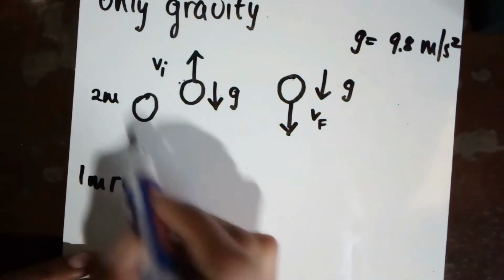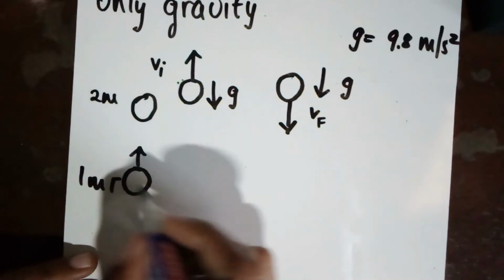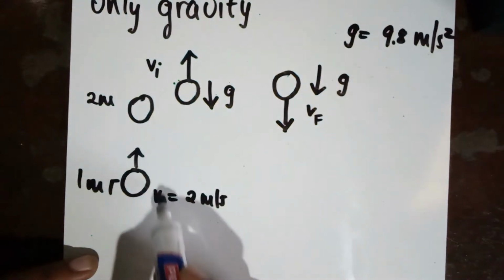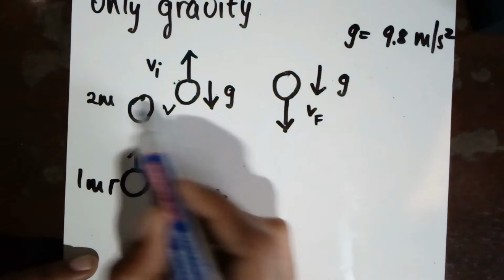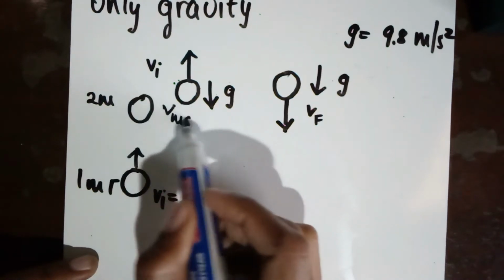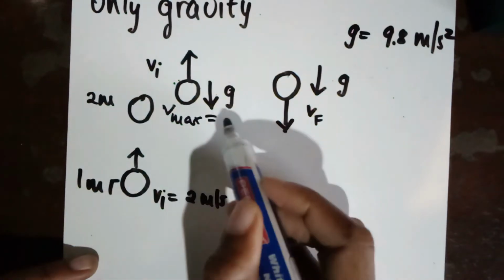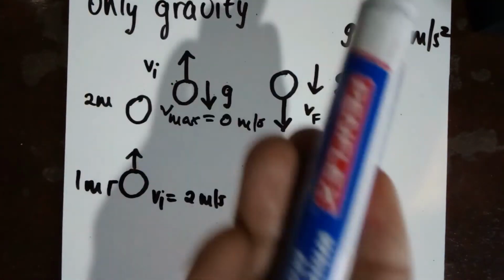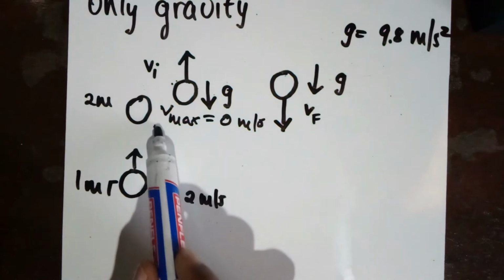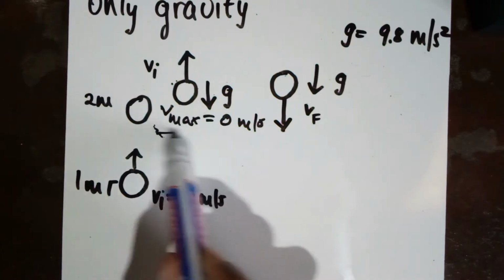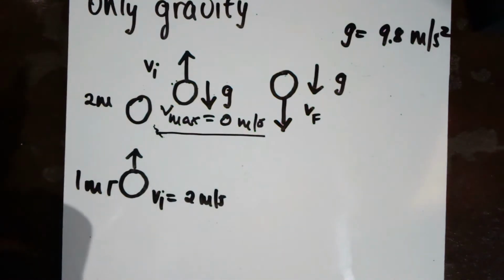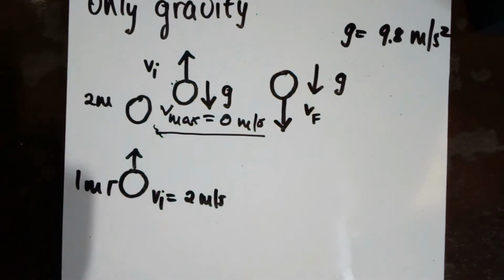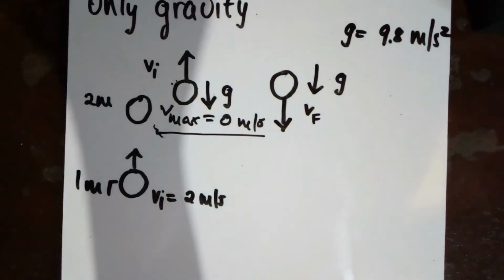That is the maximum height that it reaches. Let's say you throw it at a velocity of 2 meters per second. This velocity will decrease up until here at the maximum height, where Vmax is 0 meters per second. So at maximum height, it will have a velocity of 0 meters per second. That is the second thing to take note of.